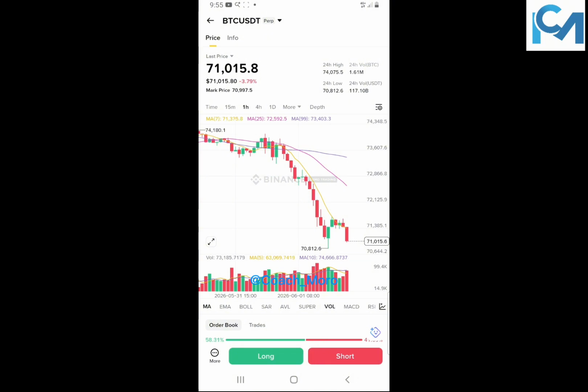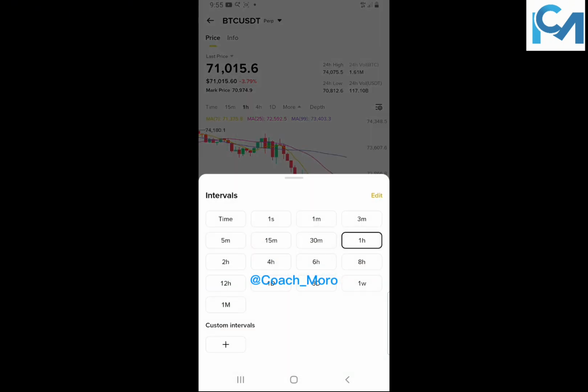So you have something you call time interval or time frame interval. You can find that here. This interval is the duration between the candles of which it is formed. So you can set it. Let me choose 1 hour.